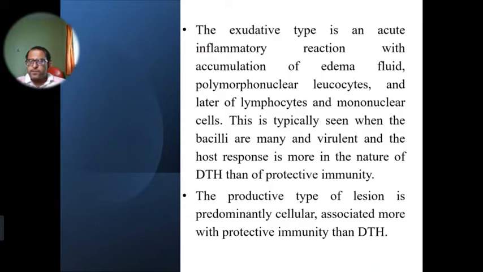There is fluid-like material surrounded by polymorphonuclear leukocytes, lymphocytes, and mononuclear cells. This type of lesion is typically seen when the bacilli are present in large amounts and are virulent.